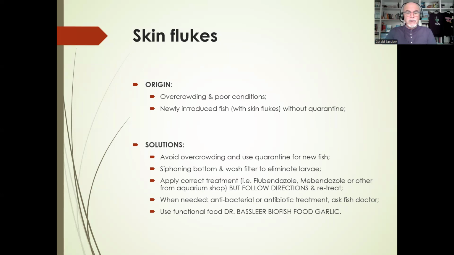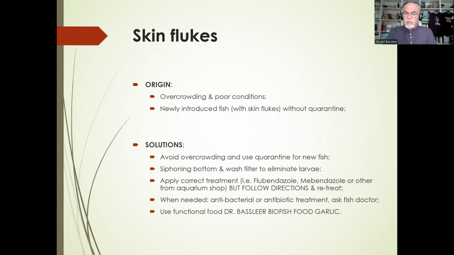Apply a correct treatment. I can suggest flubendazole or mebendazole or others that you can get from your aquarium shop. But it is important that you follow the directions of the medication. You might have to retreat also to kill the larvae or the young skin flukes that appear in the aquarium.